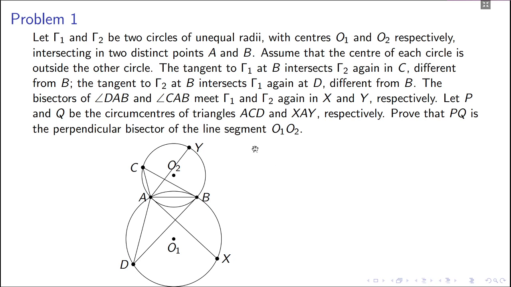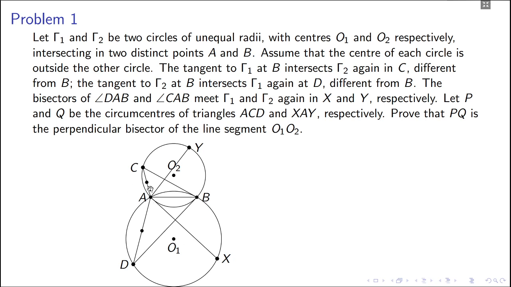Then it says P and Q be the circumcenters of triangle ACD, so ACD, this one, and XAY, this triangle. You find the circumcenter of that. So instead of drawing a circle, which will complicate the diagram, basically I take 2 sides, take the midpoint of that, and draw a perpendicular to that. The intersection point will be the circumcenter. If I draw a perpendicular to this, of course it will pass through O1.